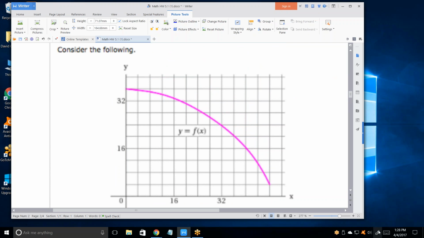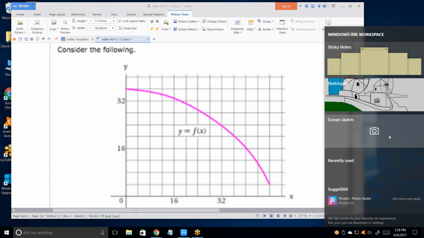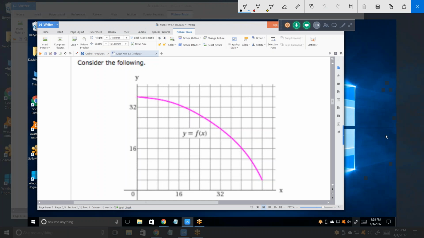It's a left endpoint. And what that means is that I'm going to start right there. The upper left-hand corner of my rectangle has to start at 0, intersecting wherever the curve is, which is at 36.